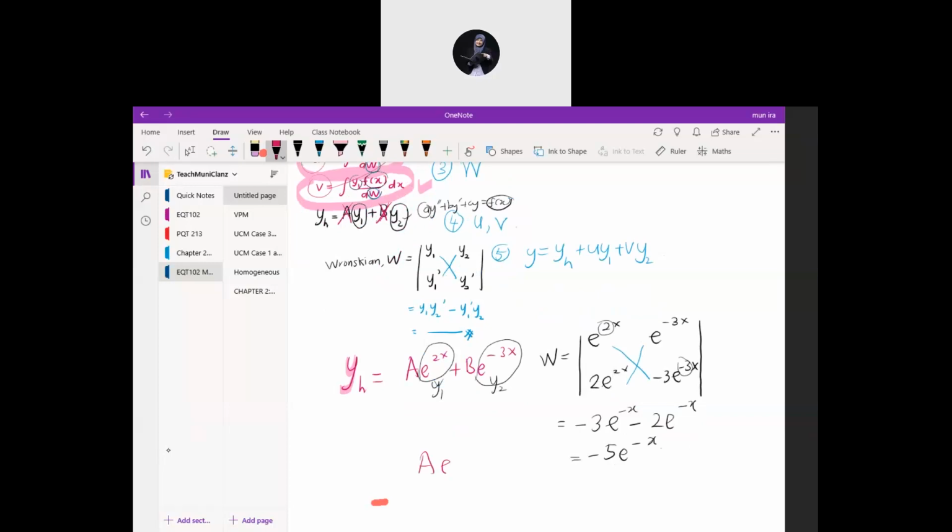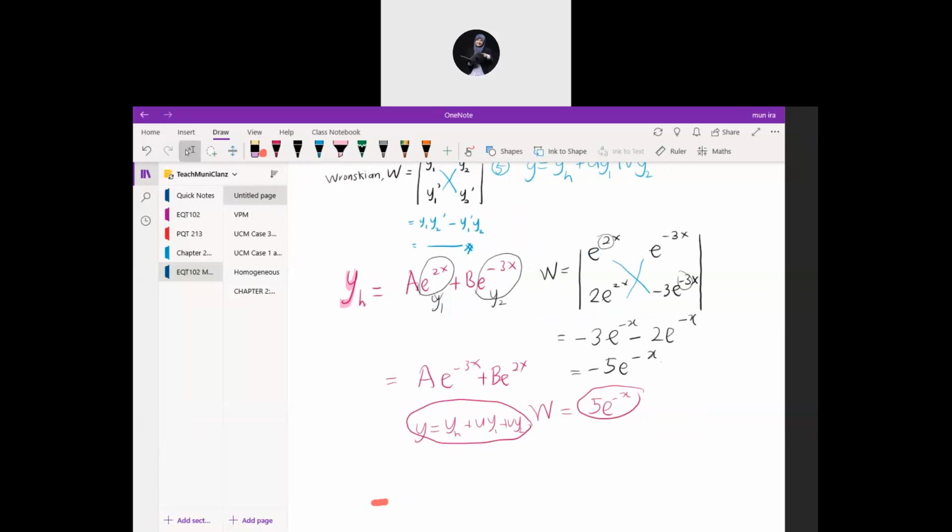Probably maybe some of you will write AE^(-3x) plus BE^(2x). It doesn't matter. But after you get the solution Y equals YH plus UY1 plus VY2, at the end of your solution, you will get the same thing.